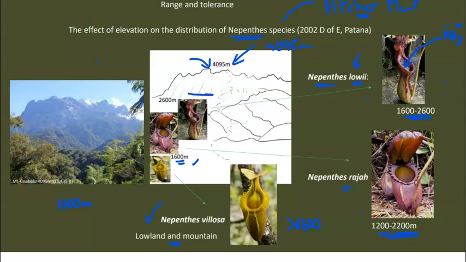Above that altitude, there were no Nepenthes because the habitat doesn't suit their growth at all. Indeed, there are very few plants above this layer. It's just largely exposed rocks with lichens and mosses at that altitude.